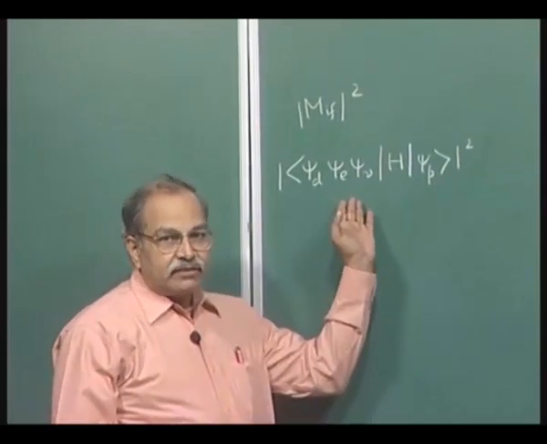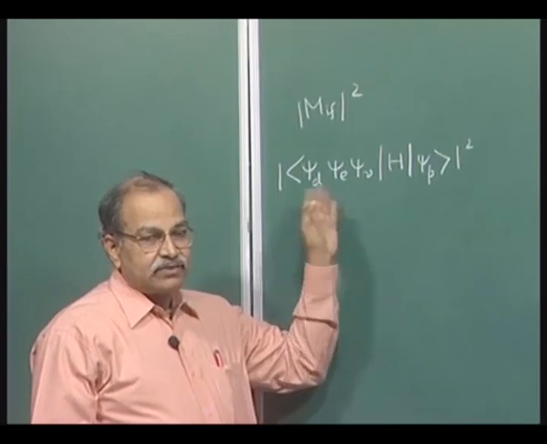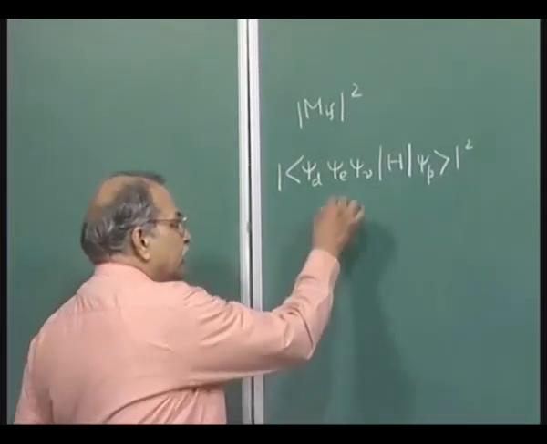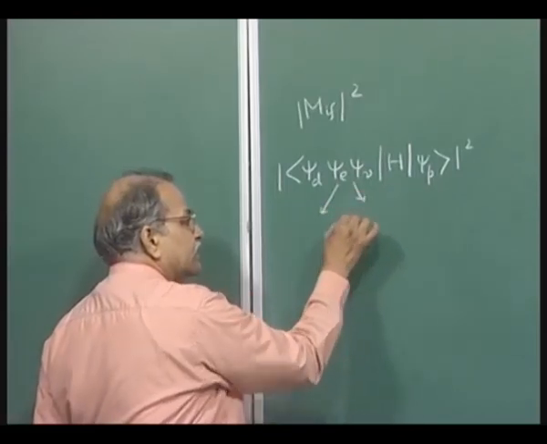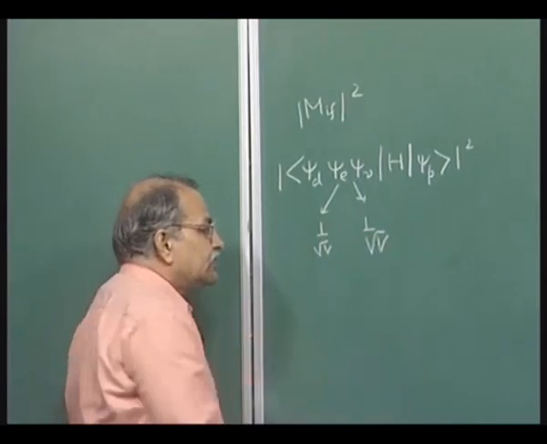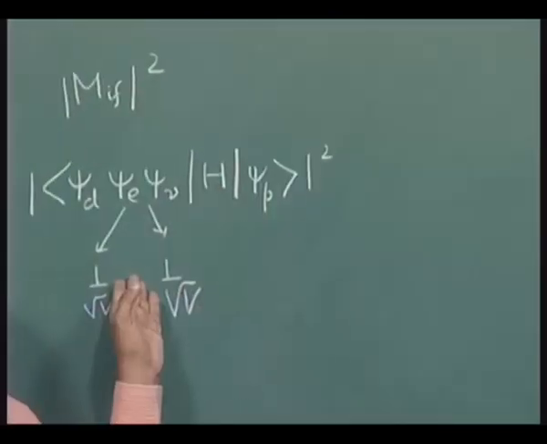This is one factor, but in Fermi theory what we had discussed, this only depends on the nuclear wave functions, because these two things we had taken as constants, 1 over root V, 1 over root V, neglecting all those higher order terms in p dot r by h cross.